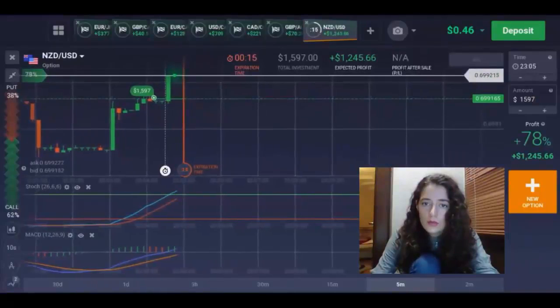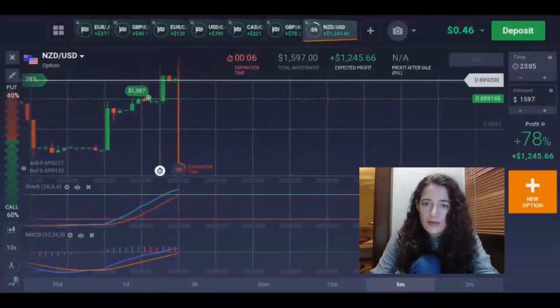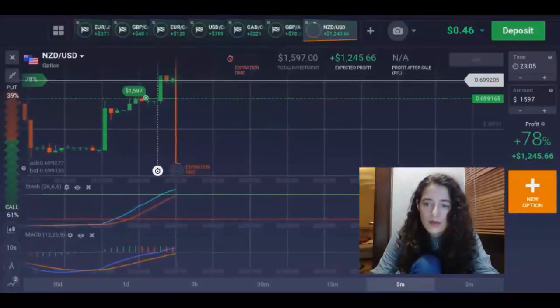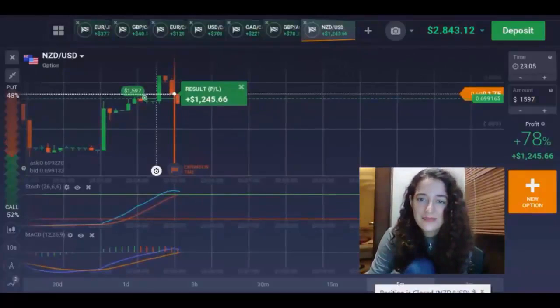So let's see what will happen with that trade, because I bet more than $1,000. Great!